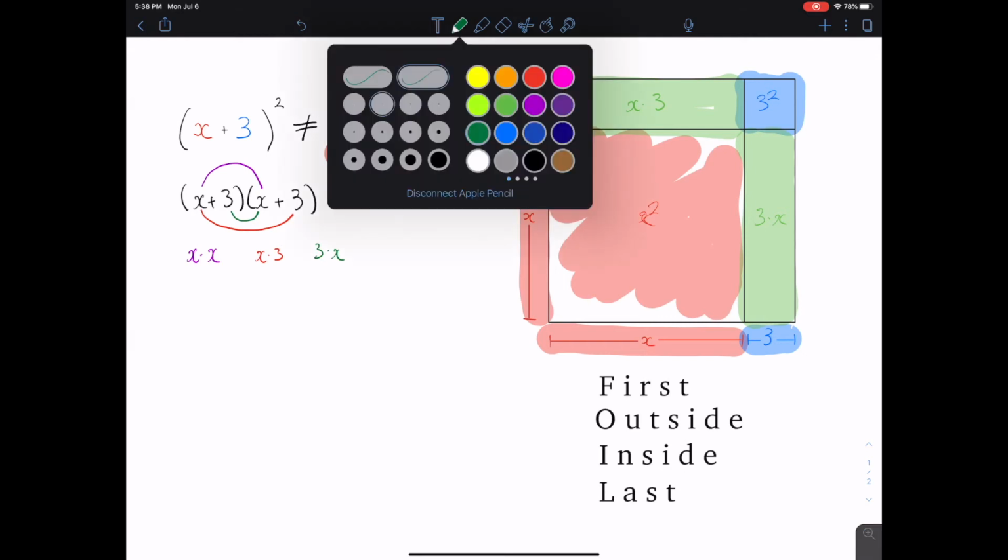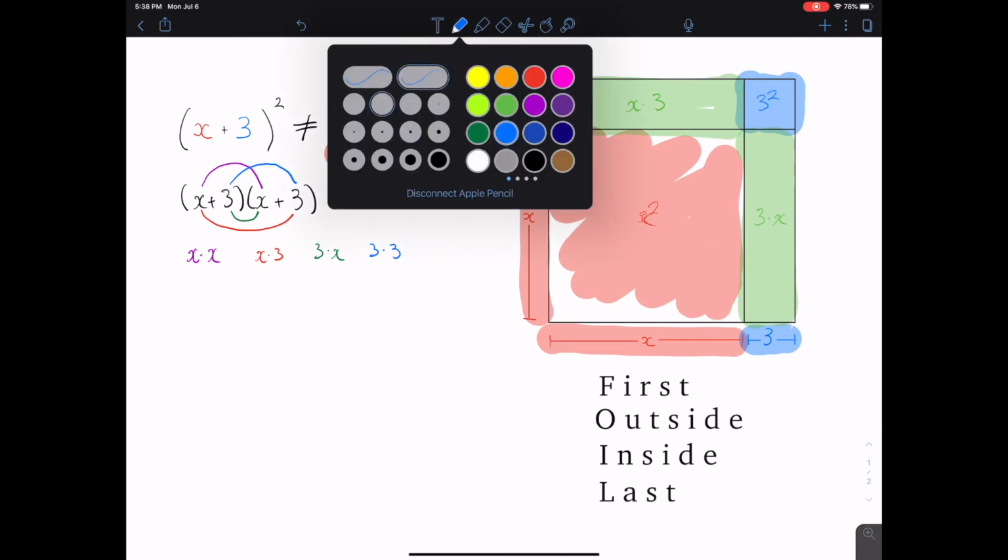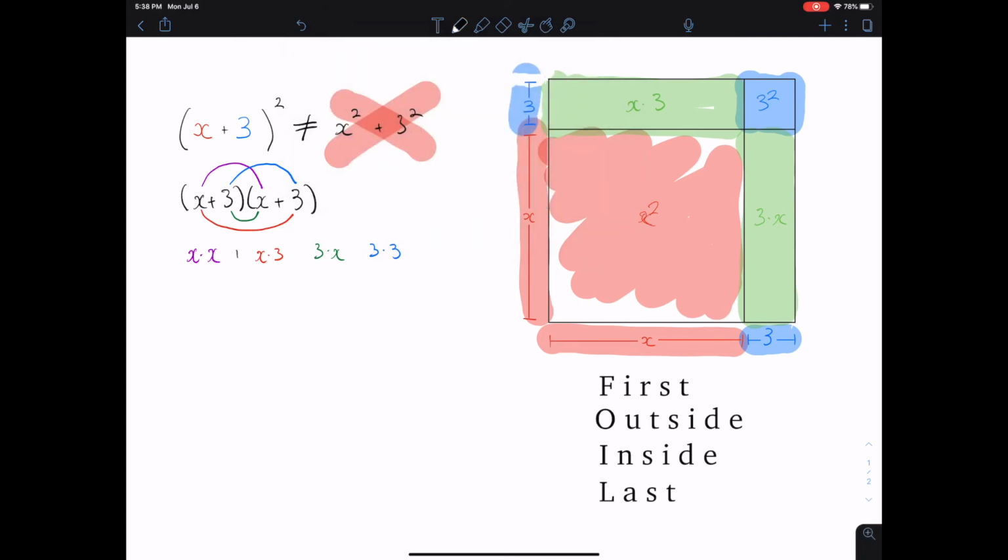And finally, we pair the last terms, that's 3 times 3. Multiplying these together and adding the pairs, simplifying, gathering like terms, gives us x squared plus 6x plus 9 as our final answer.